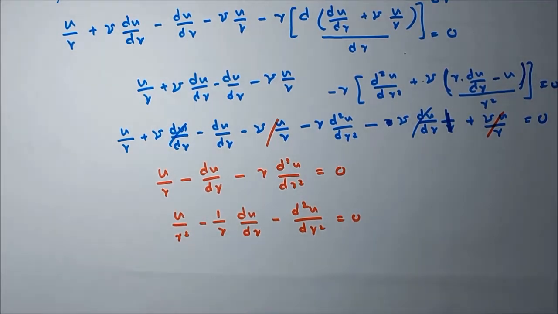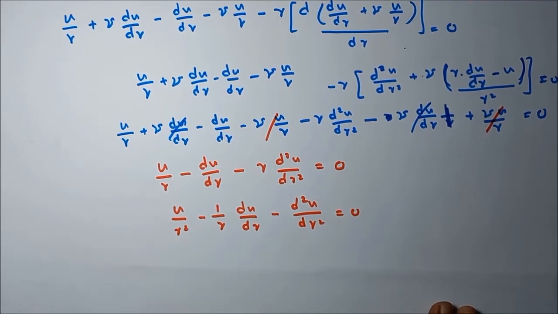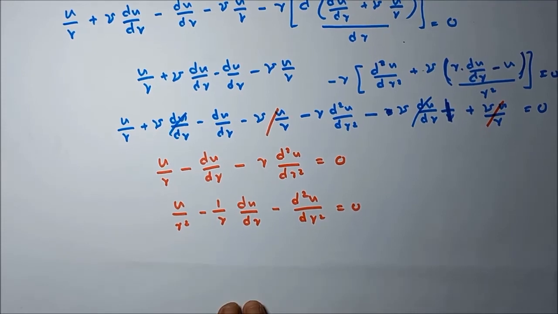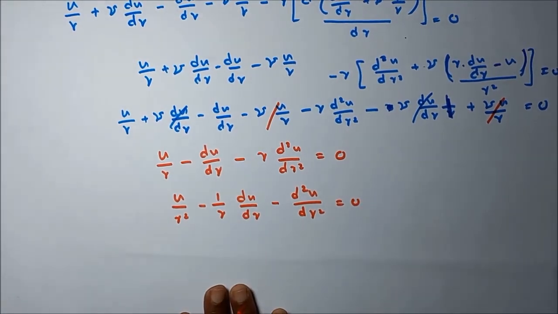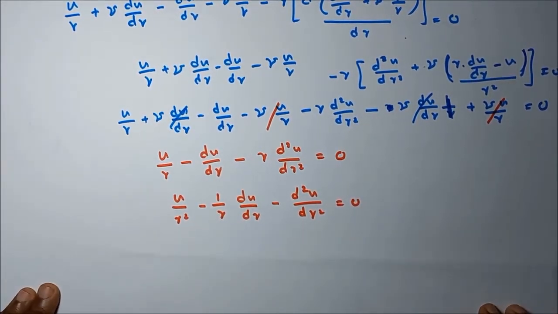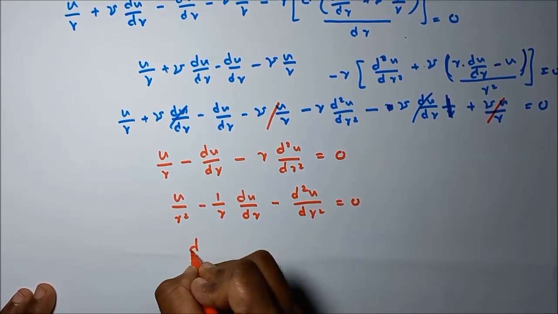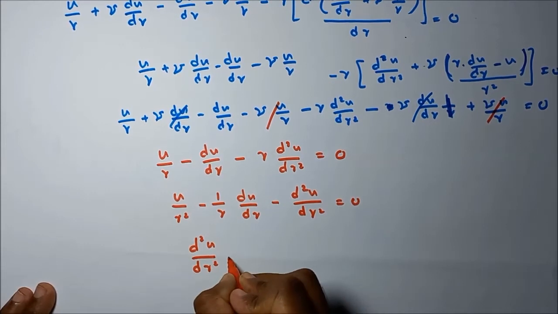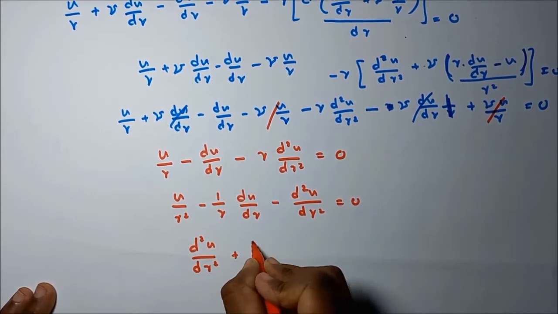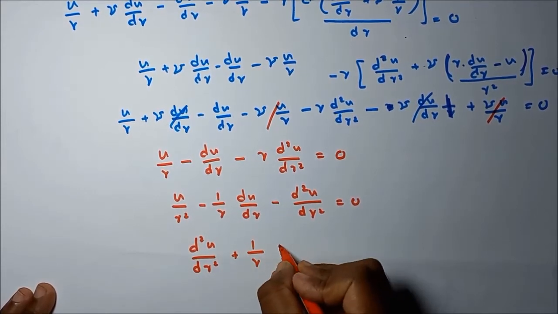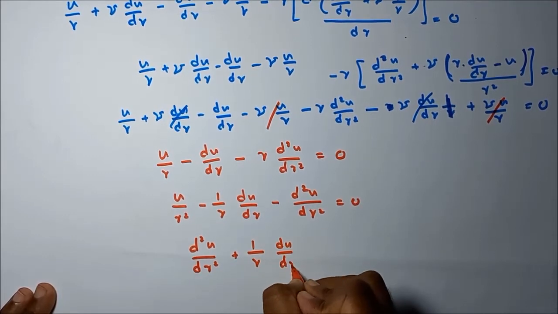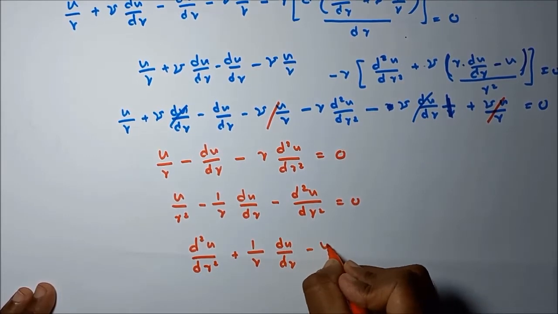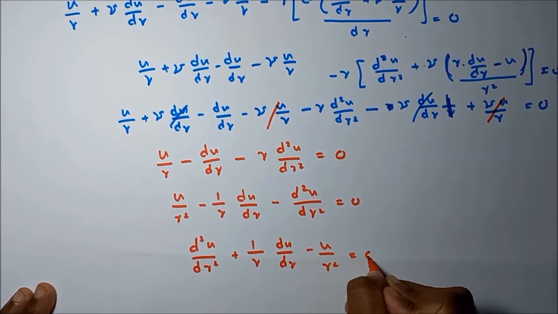Okay, then I will write by multiplying minus 1. By multiplying the minus 1, d2u dr square plus 1 over r du over dr minus u divided by r is equal to 0.